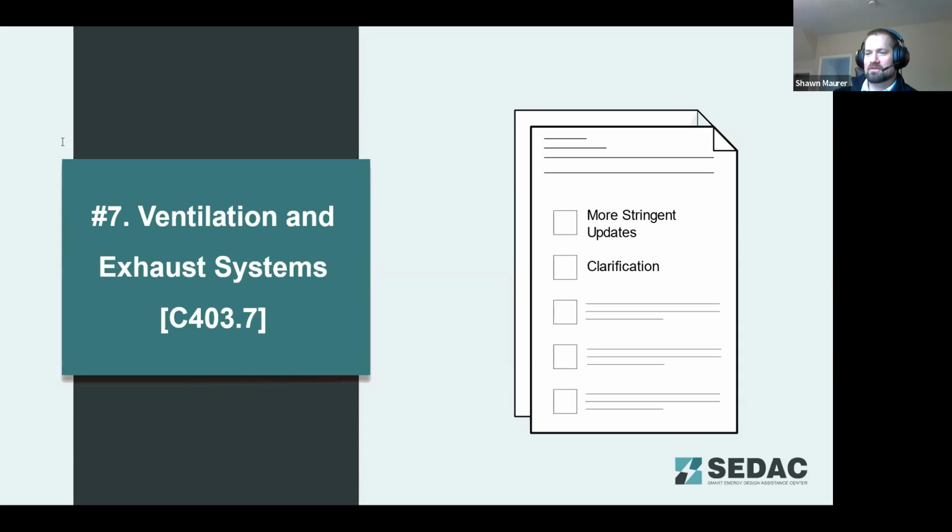Did have a question come in regarding ComCheck Desktop. ComCheck Desktop is no longer supported for updates. So I believe the 2015 was the last update that the desktop version got. ComCheck and ResCheck are both going to online applications, and those both do have 2021 compliance reporting included. So DOE is phasing out those desktop apps and moving towards the online applications for both of those programs.